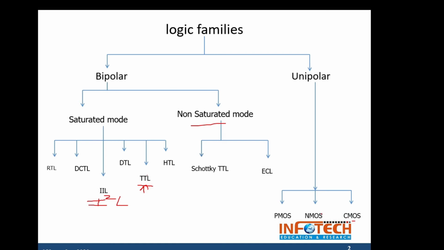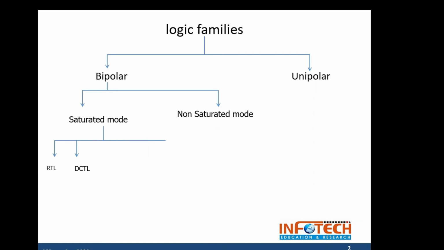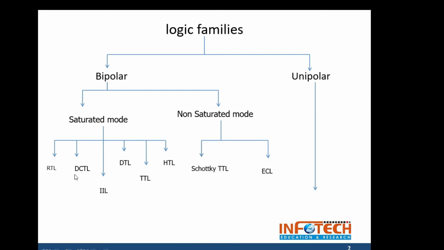In this way, this tree diagram is important from the exam and competitive exam point of view. If the examiner wants to ask a theory question, he can ask a question like, DCTL comes under, and there may be four options.